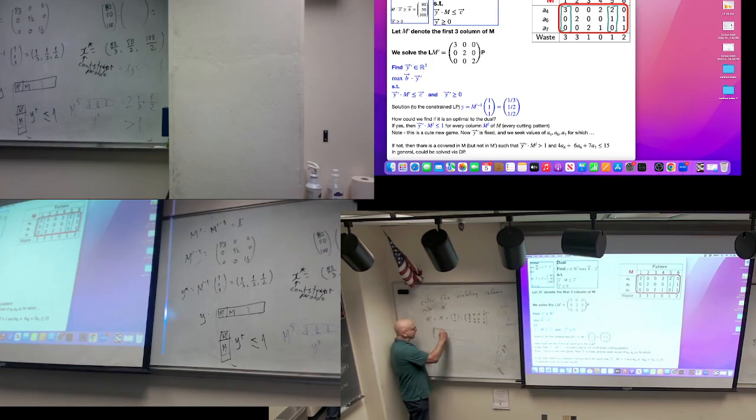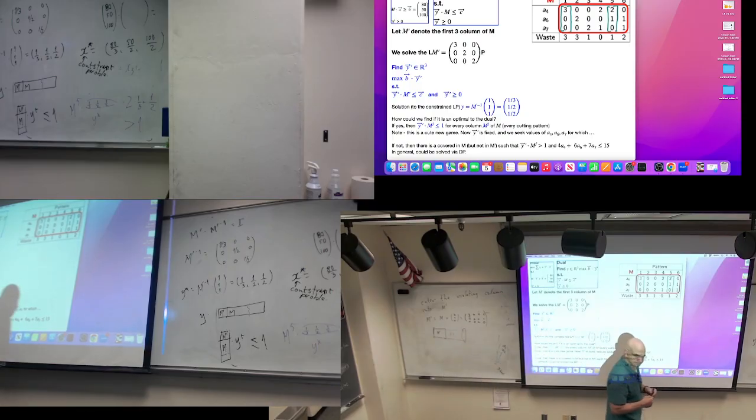Instead, I will solve the restricted problem, where instead of M, I have M prime. I'll solve both the primal and the dual, and I'll use a different trick to tell me, hey, you have some column that you forgot, and if you add it, it will improve your primal solution, which is what we really want. But the way you discover it is not by improving it, because then you have to check each and every column. Instead, you can sometimes find it because it violates one of the constraints of the dual.